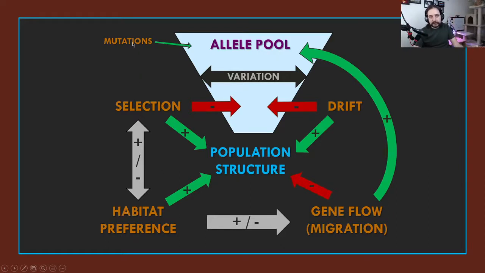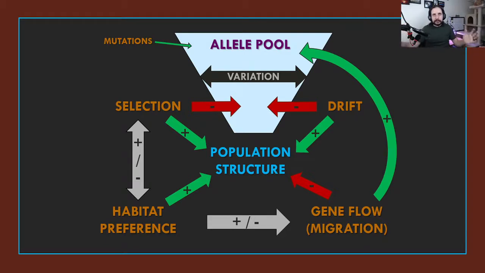Two of these forces increase the variation in the allele pool, and those are gene flow and mutations. However, for mutations, you're inventing something.